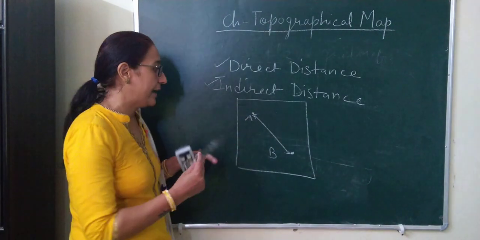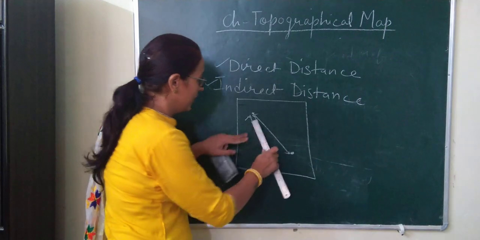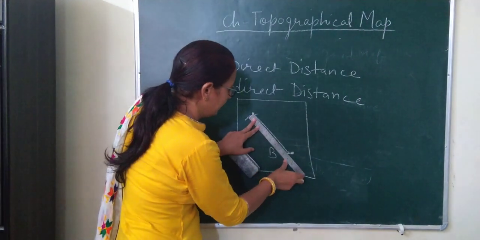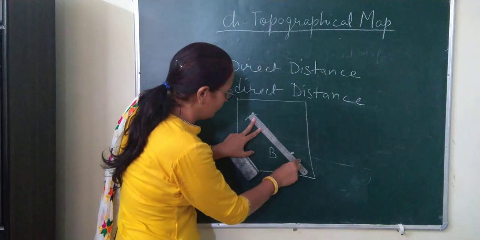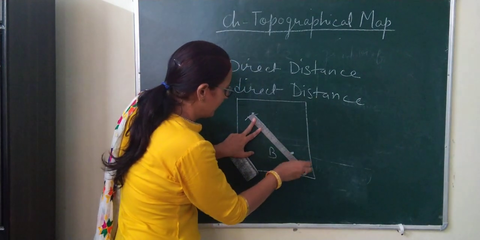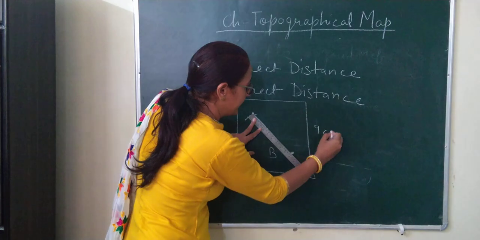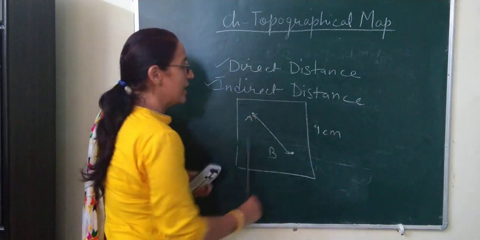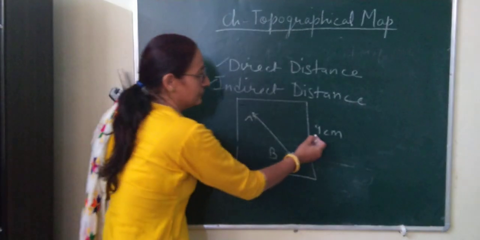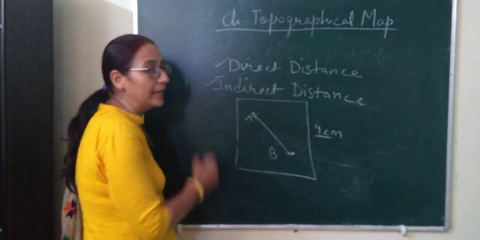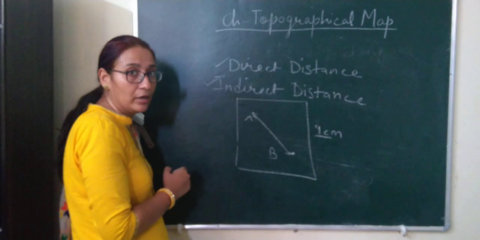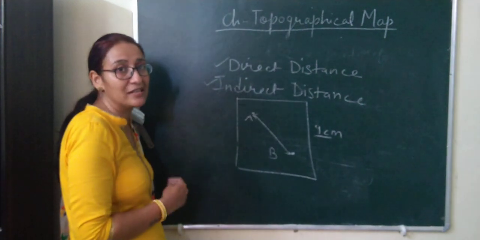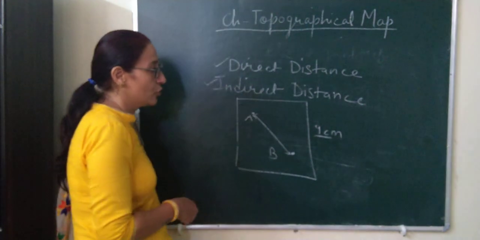We use a scale. We have to keep the scale between these two places, and suppose the distance between these two places is 9 centimeters. We have to convert this into kilometers, and the scale which is given in our book at the bottom of the map is the same.